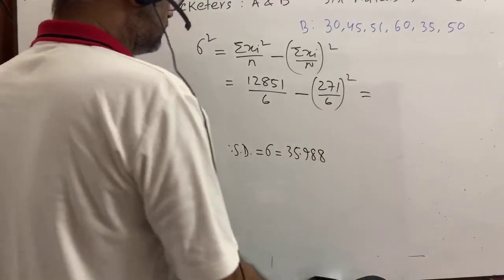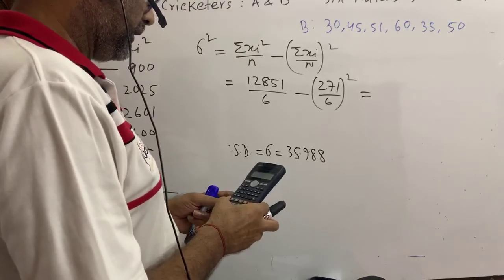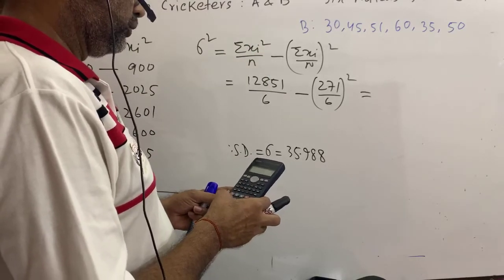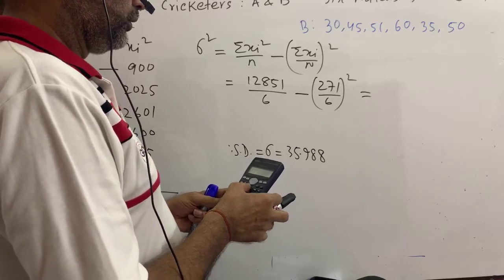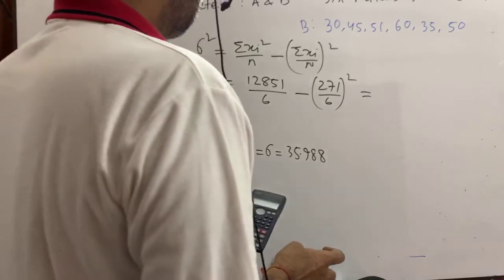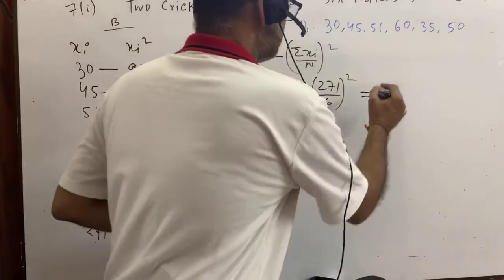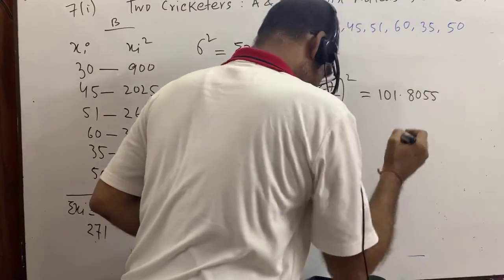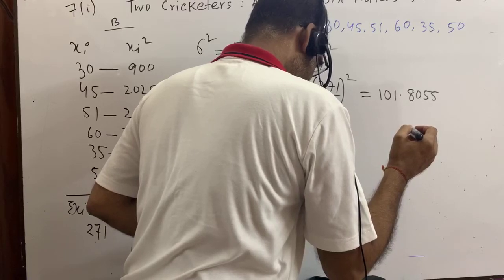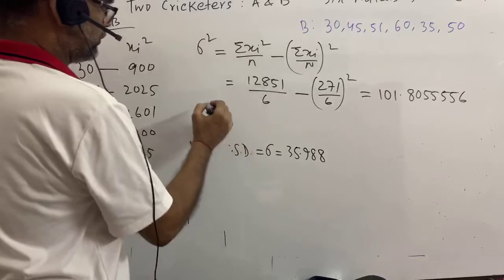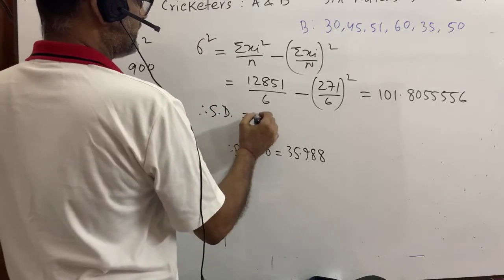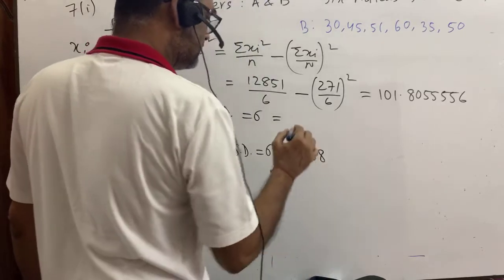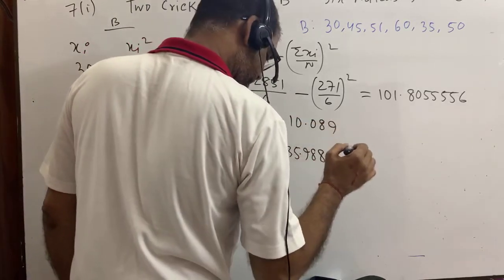Please use the calculator. 12851 divided by 6, minus, first bracket, 271 divided by 6, whole square, equals 101.8055. Therefore the standard deviation sigma for B is the square root, 10.0898.